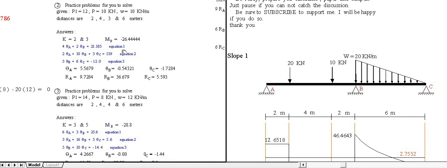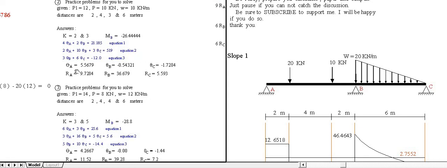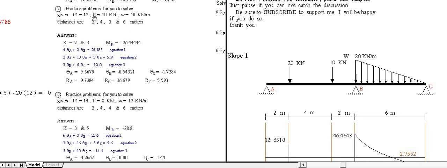The equations are also given here as guide for your answer. Equation 1, equation 2, and equation 3. Then the theta are theta A 5.5679, theta B minus 0.5432, theta C is minus 1.7284, RA is 9.728, RB 30.679, RC is 5.593.